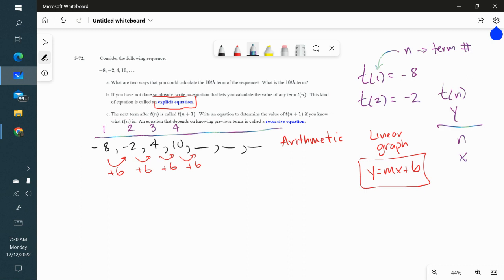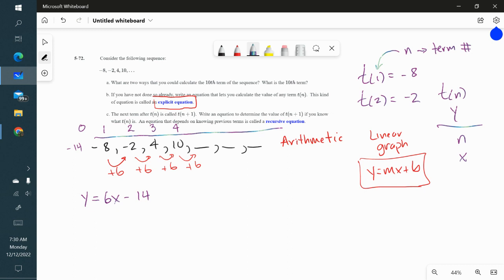All right, so let me get back to what I was talking about over here. If you visualize this table, I know that you had a lot of practice last year writing rules for this type of sequence. We'd have to work backwards to term 0 to get the b. So the rule in y form would be 6x, and I'd have to go back 6 to get -14 for term 0. So 6x minus 14 would be a rule in y equals mx plus b form.